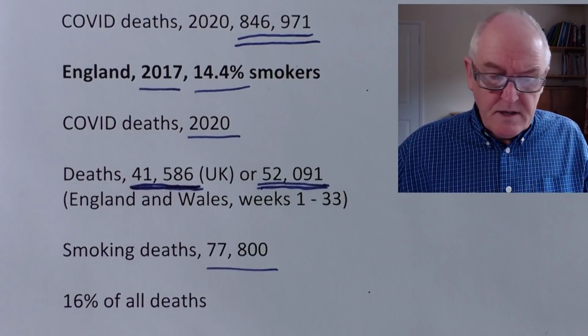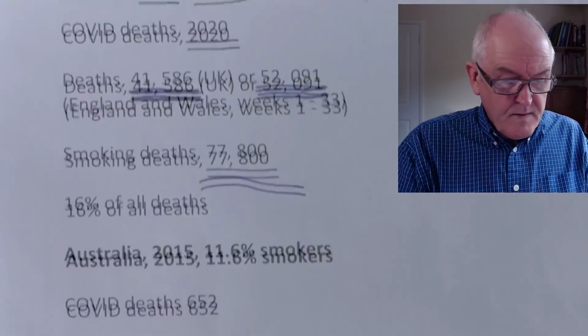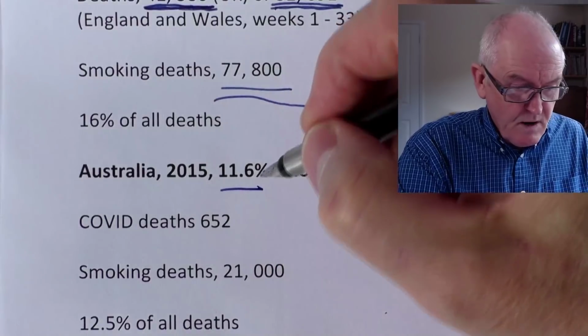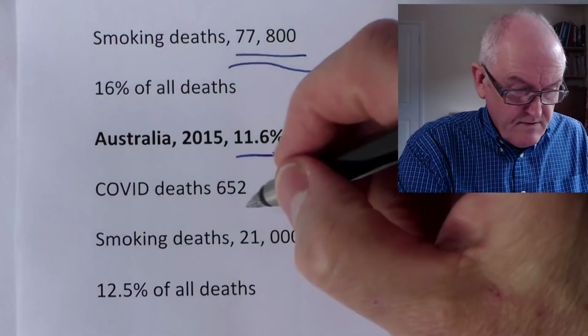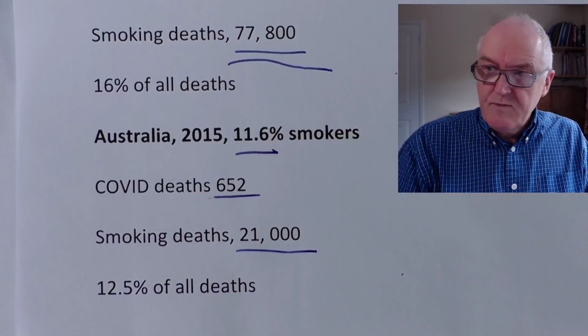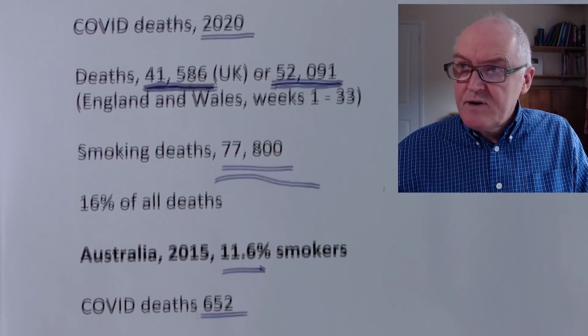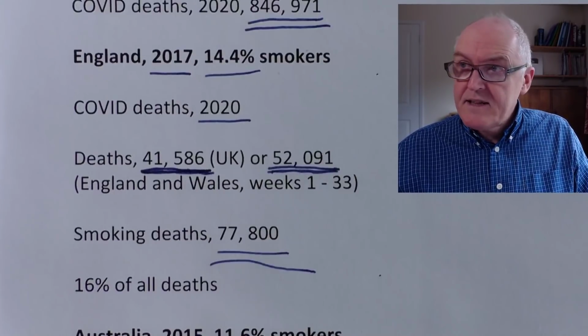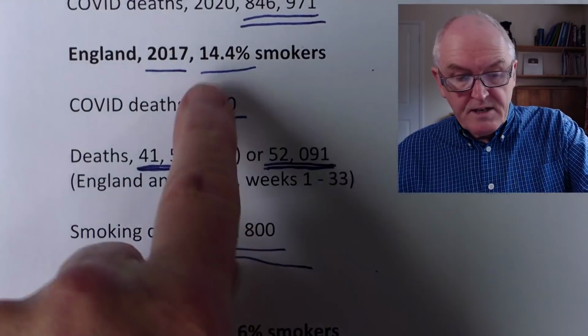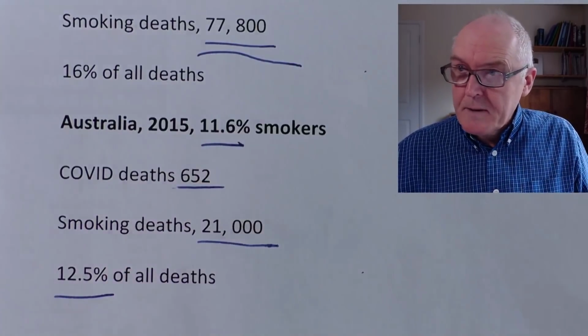So just a comparison of the number of deaths, really. Now, Australia, 11.6% of the population smoke. COVID deaths so far, 652. Smoking-related deaths, 21,000, 12.5% of all deaths in Australia. Again, the Australians have heeded the public health message better than the Brits. 14.4% of Brits smoking, 11.6% of Aussies smoking.